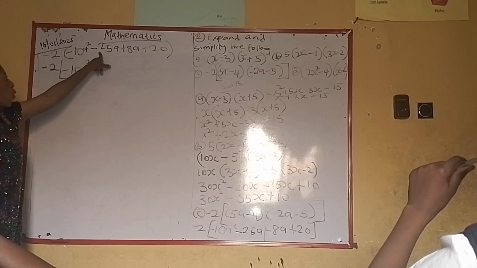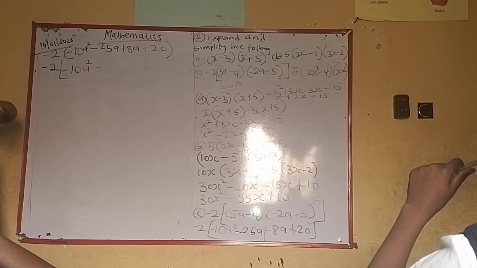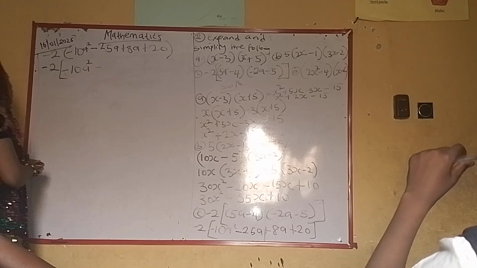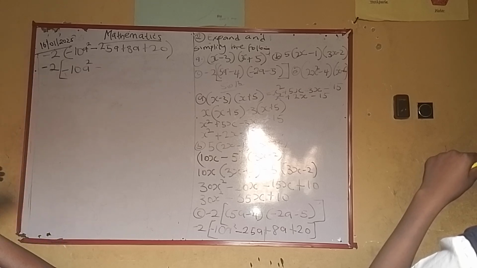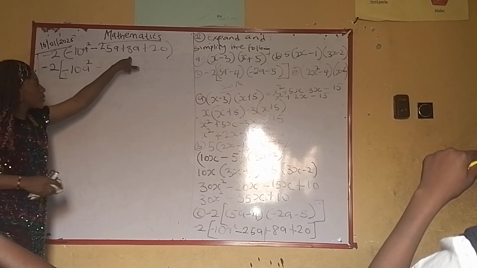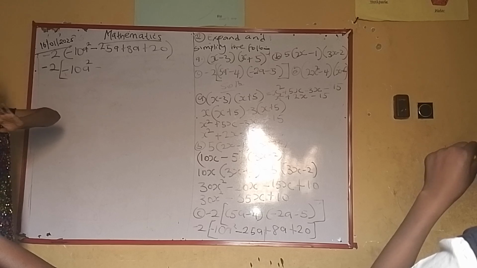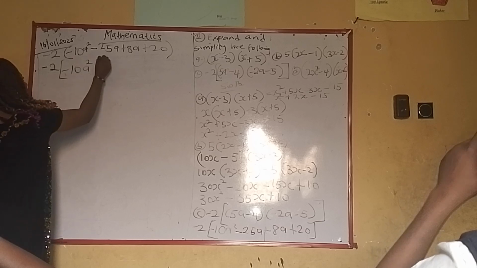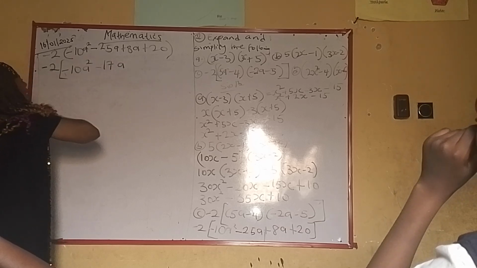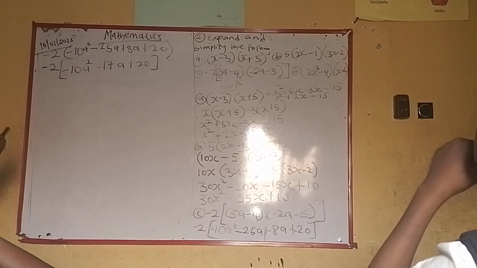You owe this, you have this. 25 minus 8, 17 a's. Do you get it now? So you have minus 17a plus 20.